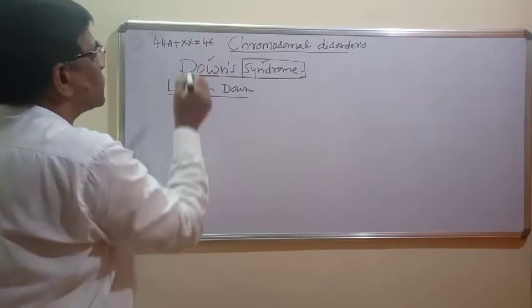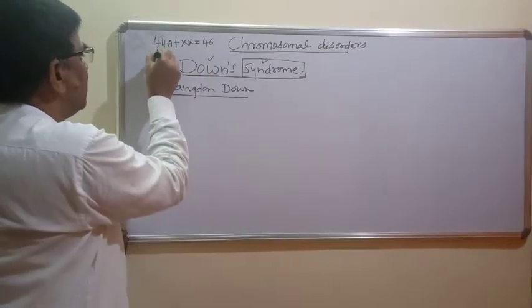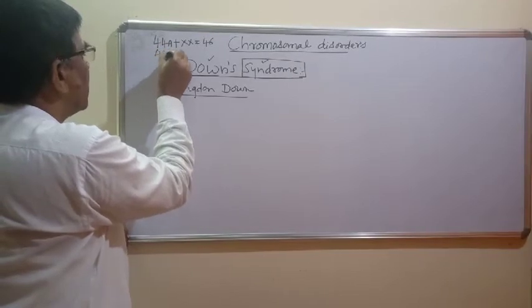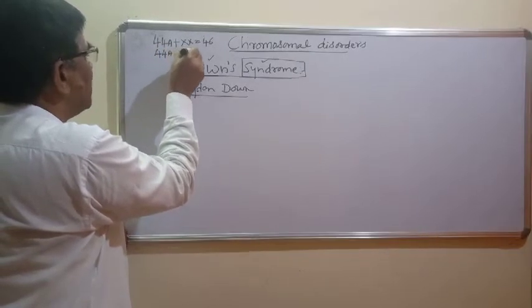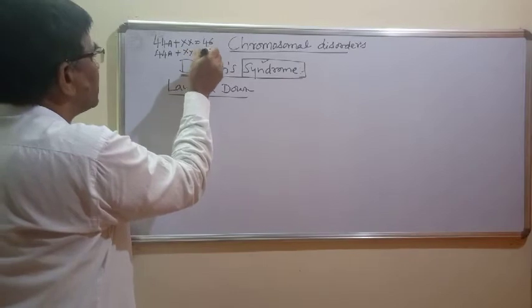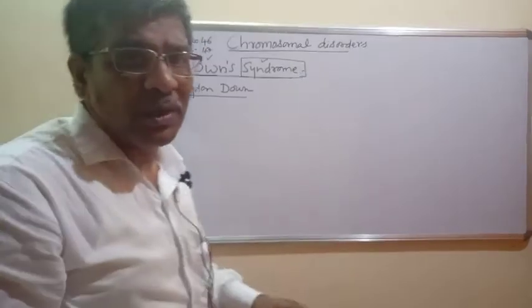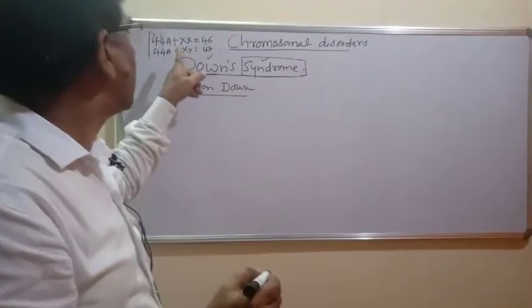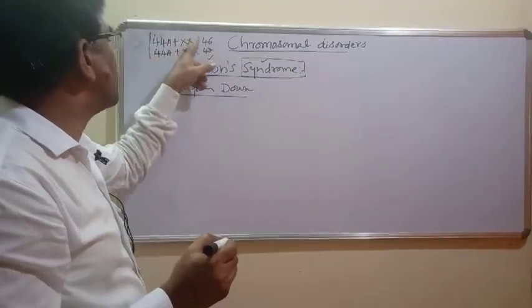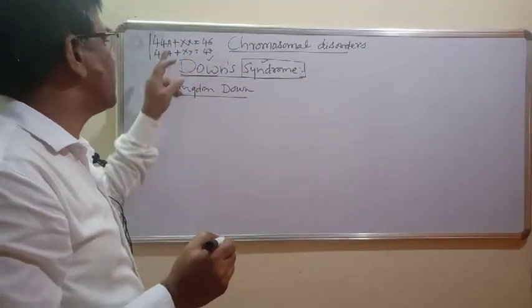This is the normal chromosome complement of a female. Similarly, 44 autosomes plus XY makes a male individual. This is the normal chromosomal complement, or karyotype.